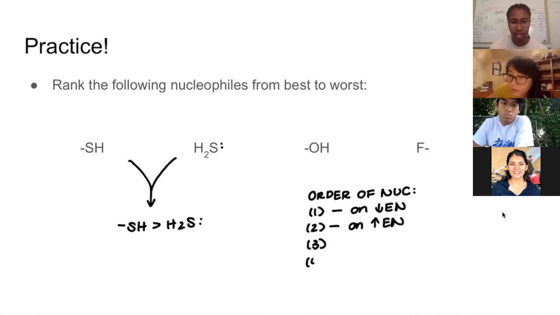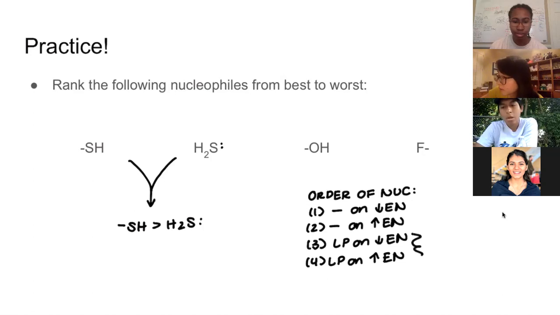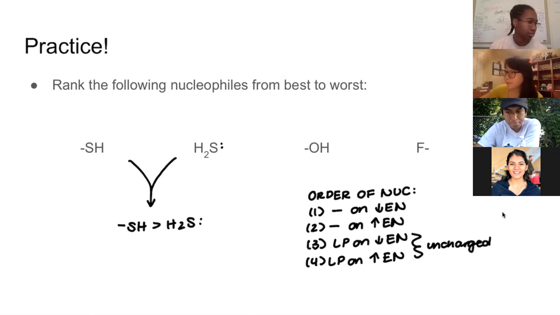And then 3 and 4, which are lone pair on less electronegative, lone pair on more electronegative. And remember, these guys generally are going to be uncharged. I think the last one is double bond or triple bond, but we don't need to worry about it for this problem. And so we're going to look at these guys.